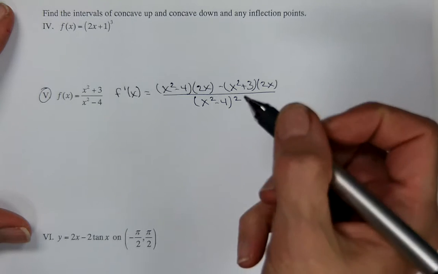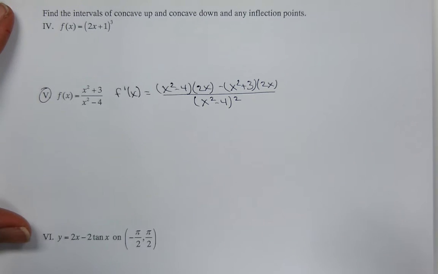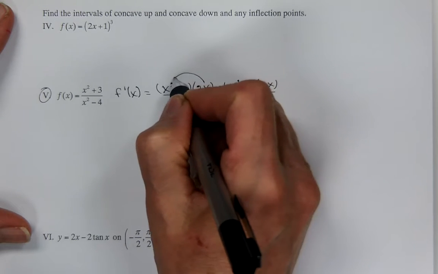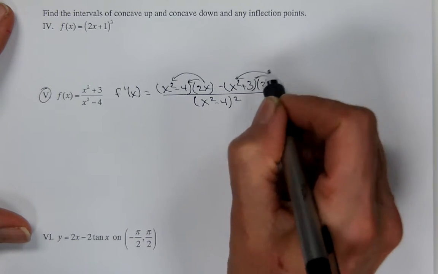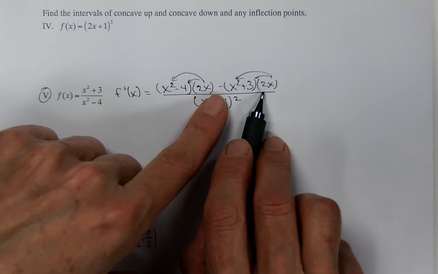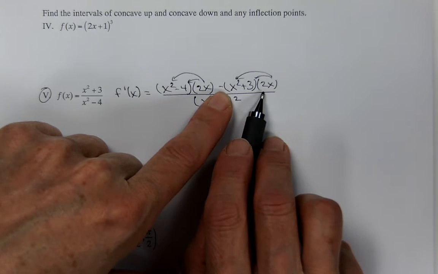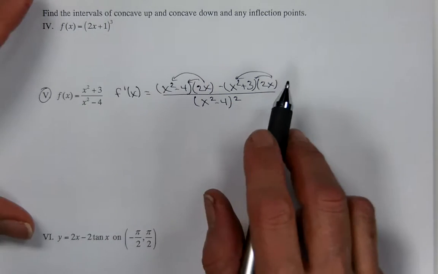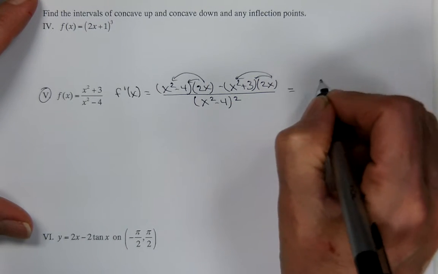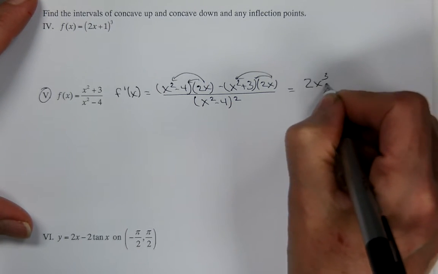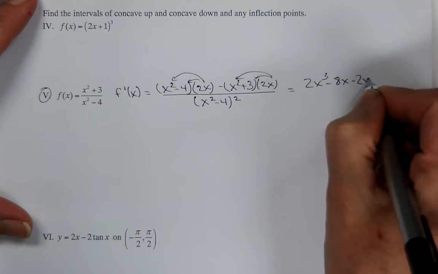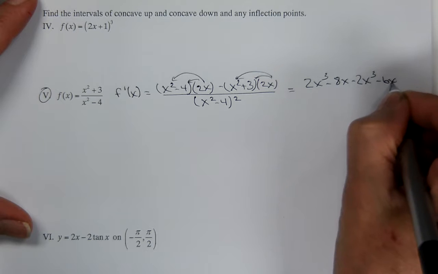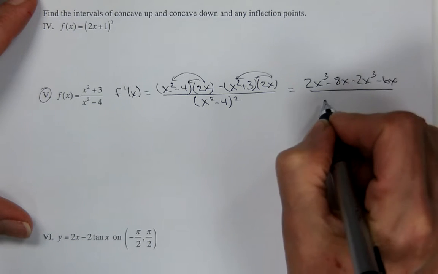And we are going to simplify this before taking the derivative again to get to the second derivative. And so we can distribute from the back. And when we distribute this 2x, remember there's a negative in front of it, so you can distribute negative 2x instead. This will be then 2x cubed minus 8x minus 2x cubed minus 6x all over the denominator.